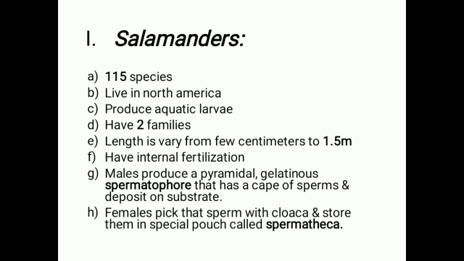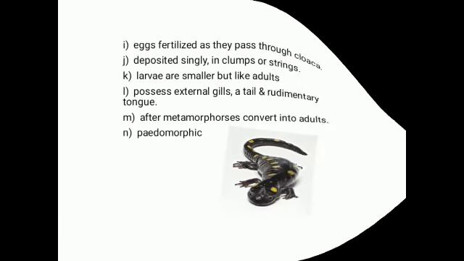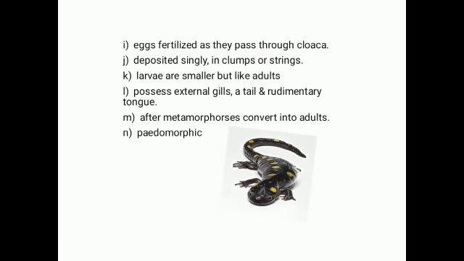Females pick up those sperms with the help of the cloaca and keep on collecting them in the spermatheca. As the eggs pass through the cloaca, they are fertilized. Eggs are deposited singly, in clumps, or in strings.